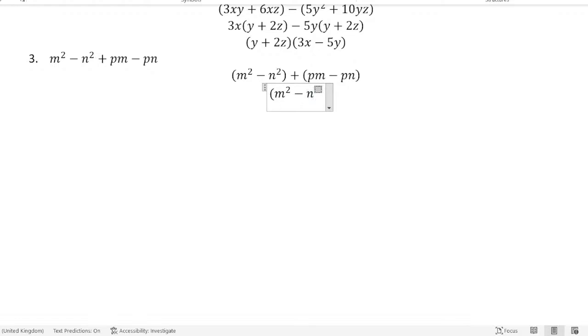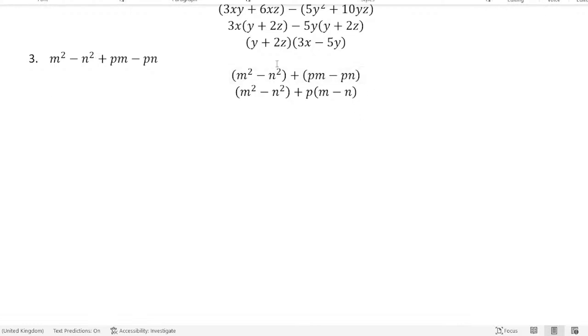Then plus, here we have a common factor, which is p. So we have p into m minus n, close brackets.